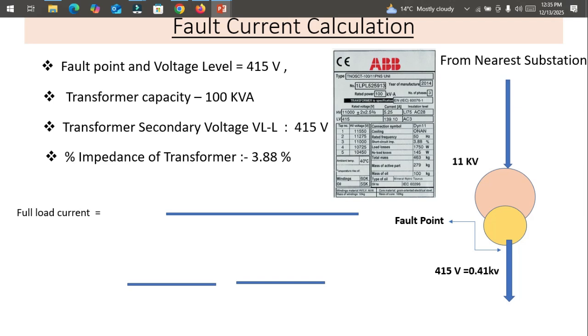Now in the third step we have to calculate the full load current. That is the formula: kVA into 1000 divided by square root 3 into voltage line to line.